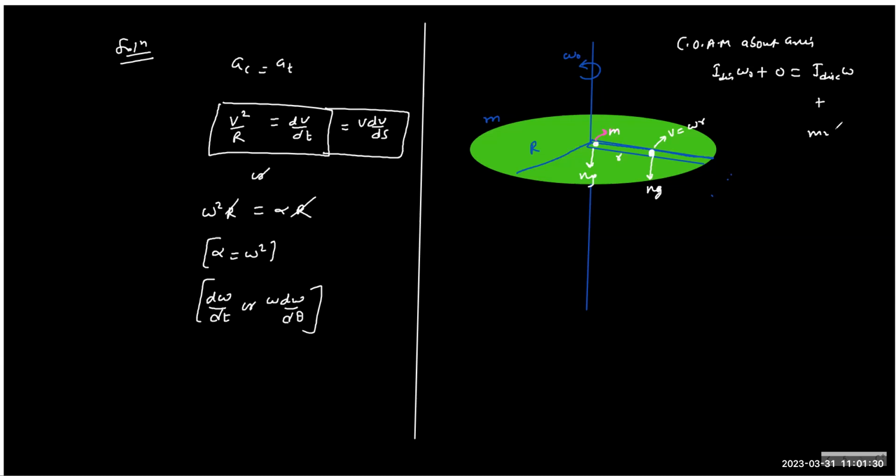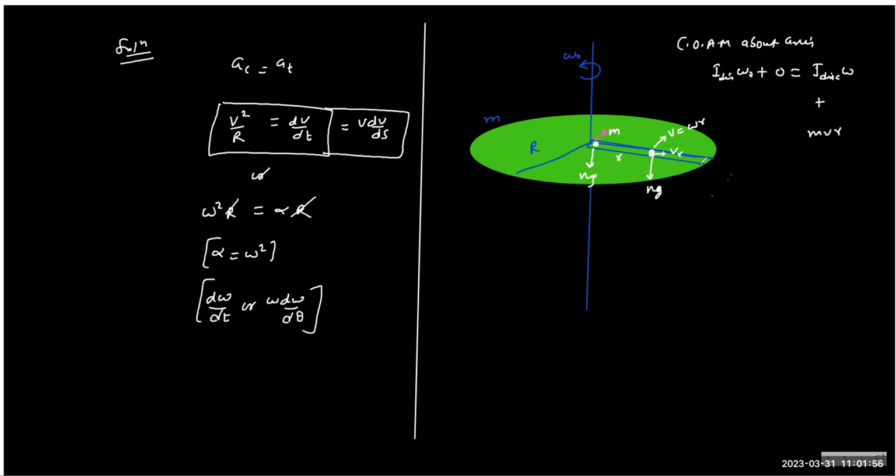So mvr is the orbital angular momentum. You may ask, sir, it will also have v_r. This v_r cannot contribute to the angular momentum about the axis. Why? Because this v_r is passing through the axis. Do you realize this? In the mvr formula, we take the perpendicular separation of the velocity vector and the axis.